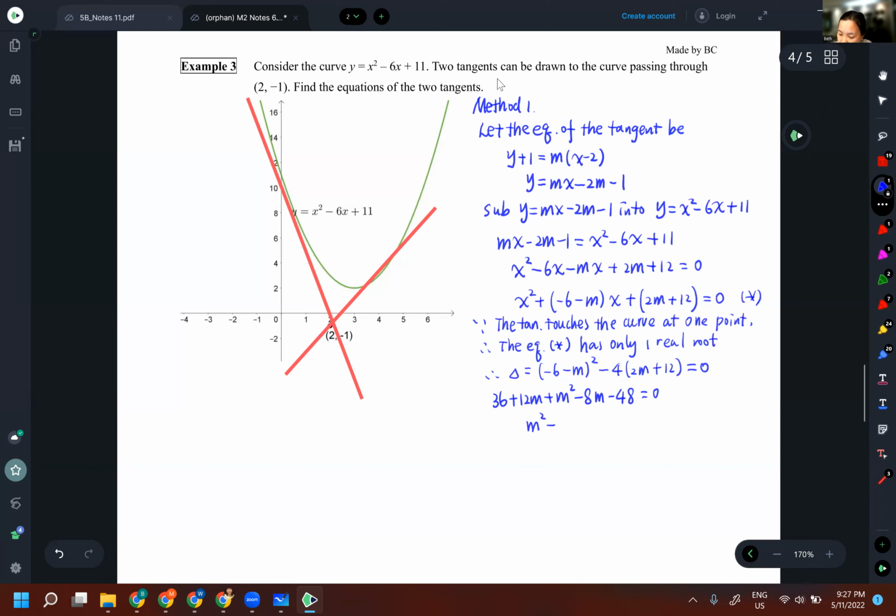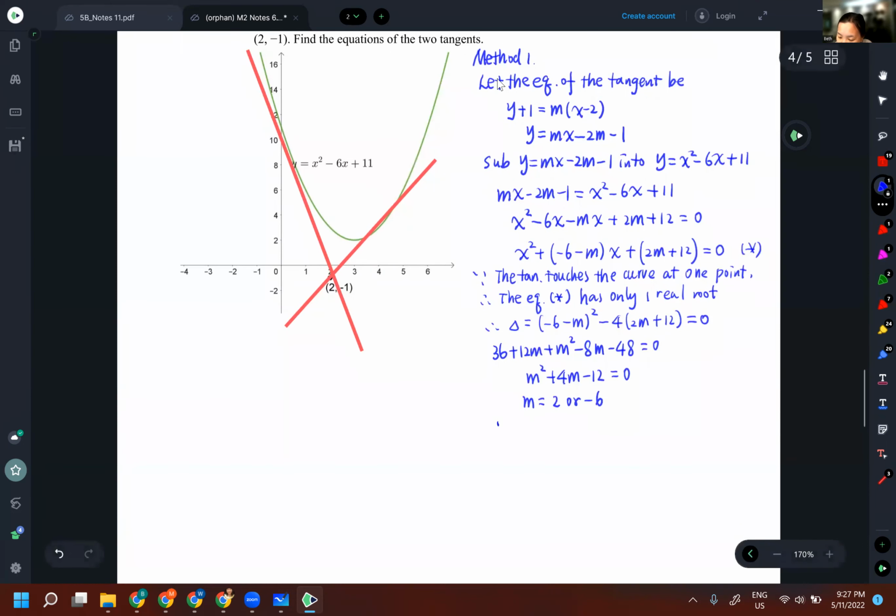And m squared plus 4m minus 12 equals 0. And m equals 2 or -6. Therefore, the tangents are y equals 2x minus 5, or y equals negative 6x plus 11.